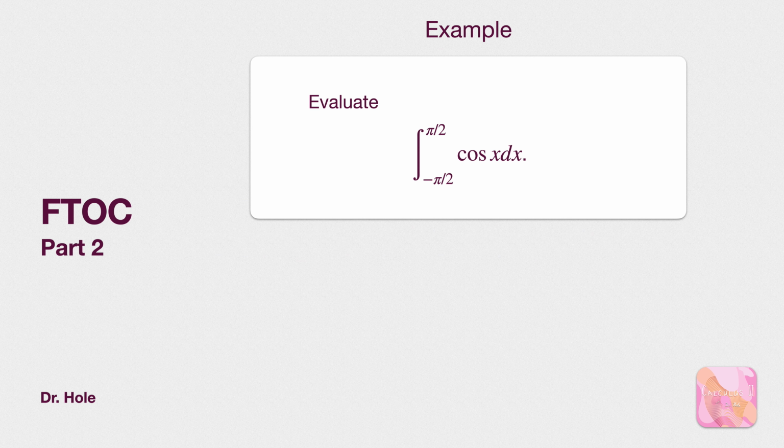So here we have a definite integral. The integrand is cosine of x. Think about cosine of x. Do you know a function that you differentiate and you get cosine of x? Yes, sine of x. Derivative of sine is cosine.